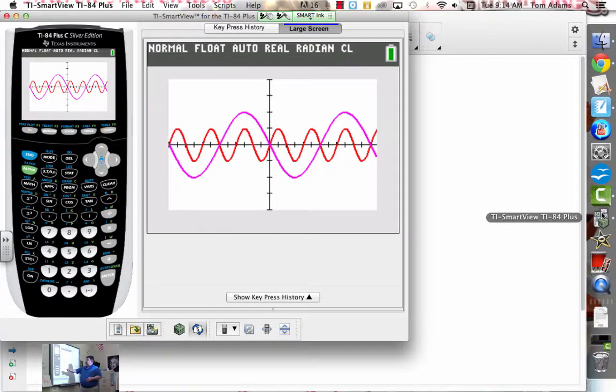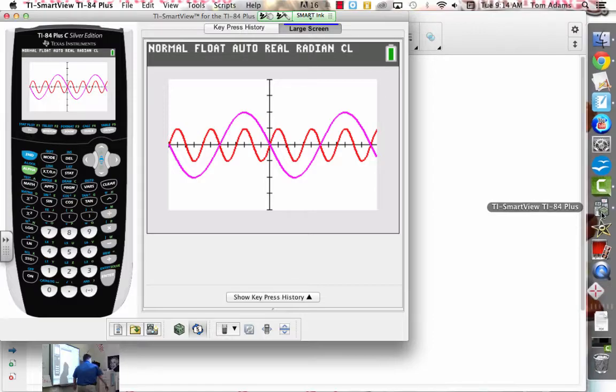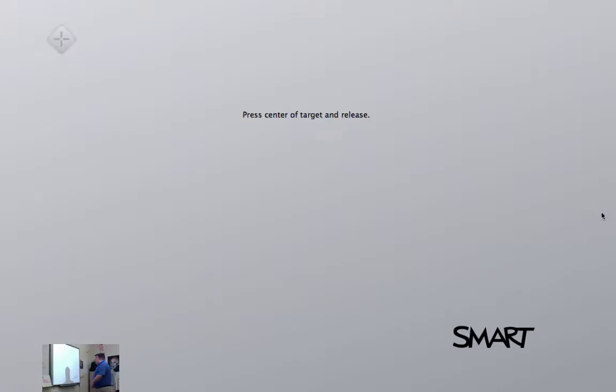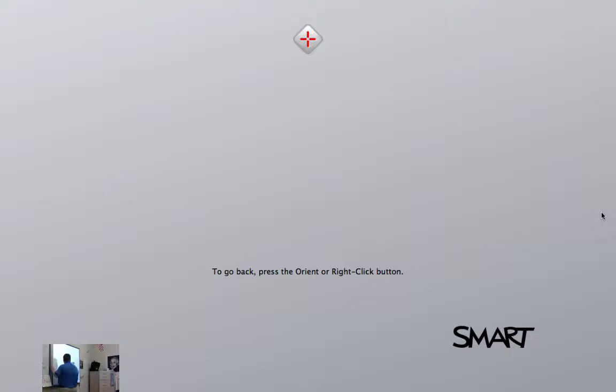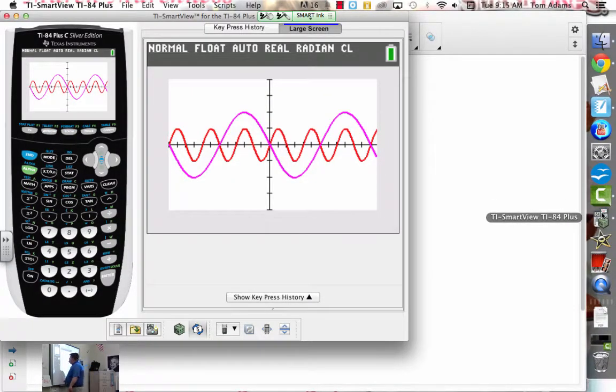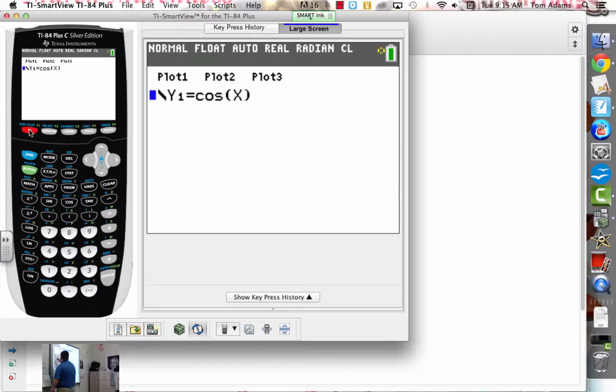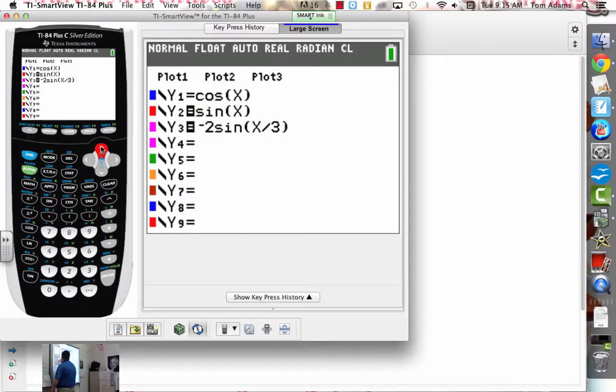And what I want to do is plug that into my calculator. I think I need to orient my board real quick. Alright, let me clear all this stuff out.